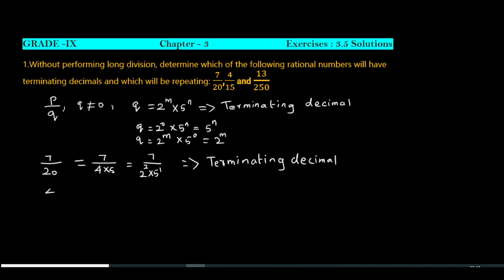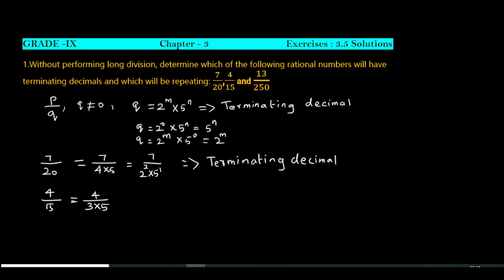What about 4 by 15? Again, 4 and 15 have no common factors. This is already in the lowest form, the standard form. First confirm that, then you can do the prime factorization. 15 can be written as 3 into 5. So we cannot see 2 there.